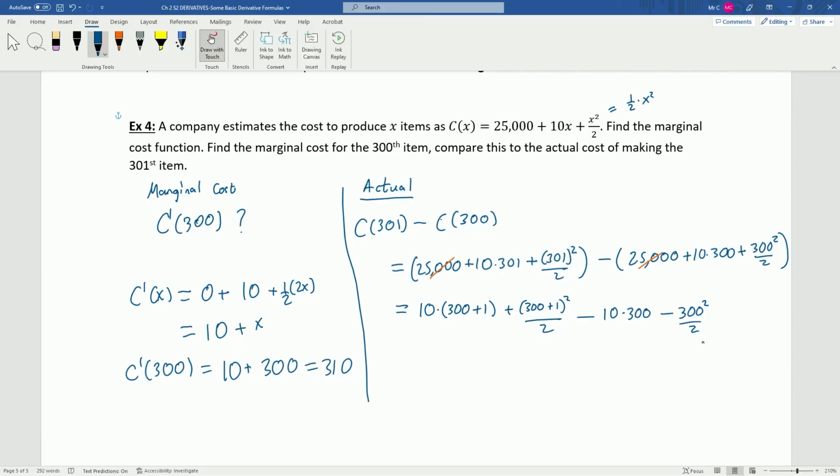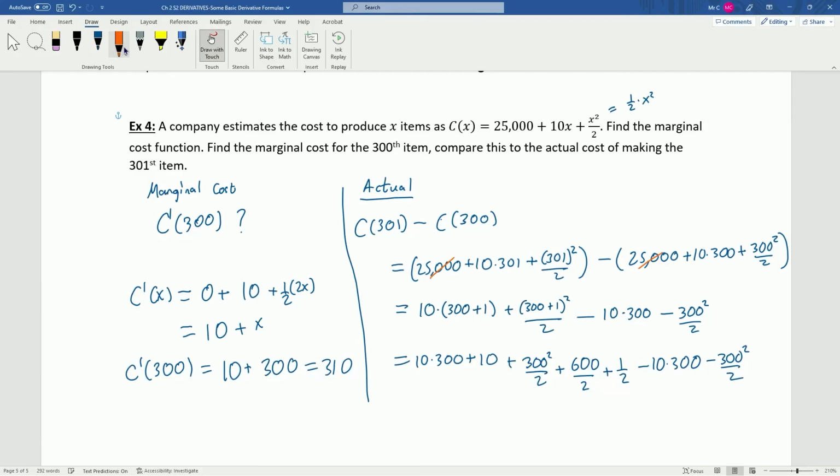Okay, so why did I do that? Well, because when I distribute this, I get 10 times 300 plus 10 plus, and when I multiply this out, I get 300 squared over 2 plus 1 times 300 plus 1 times 300, that's 600 over 2, plus 1 times itself, which is 1 over 2, minus 10 times 300, minus 300 squared over 2.